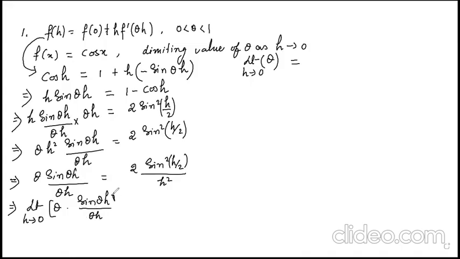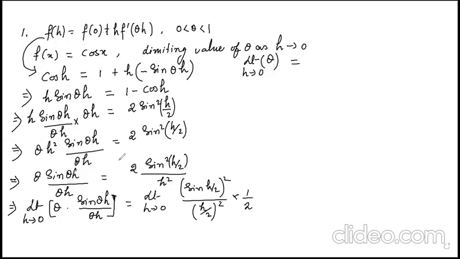Can you tell me what about the right hand side? Limit h tending to 0, sin h by 2 whole square divided by h by 2 whole square into 1 by 2. Is it okay?